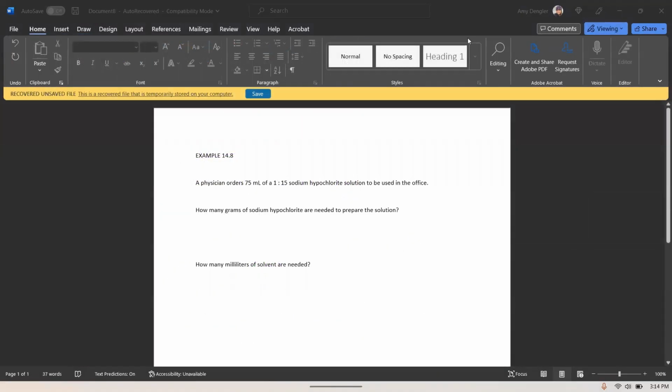A physician orders 75 milliliters of a 1 to 15 sodium hypochlorite solution to be used in the office. How many grams of sodium hypochlorite are needed to prepare this solution?